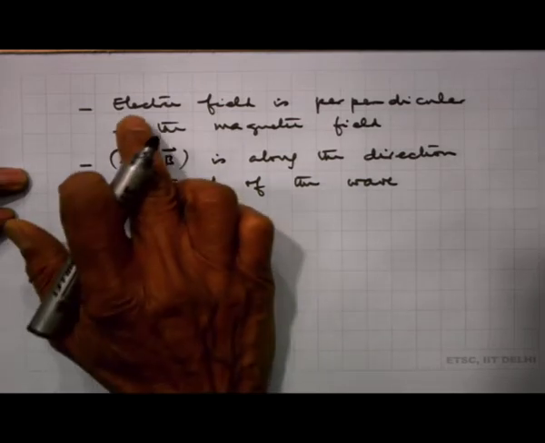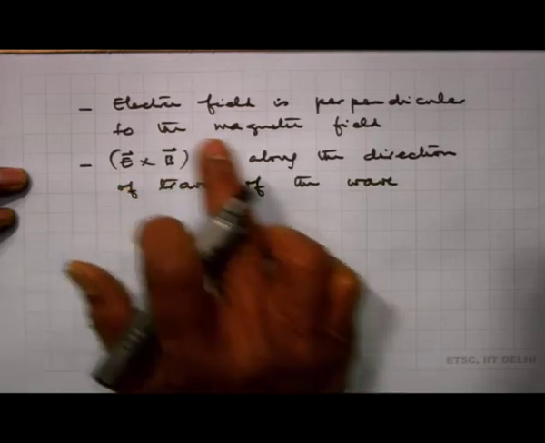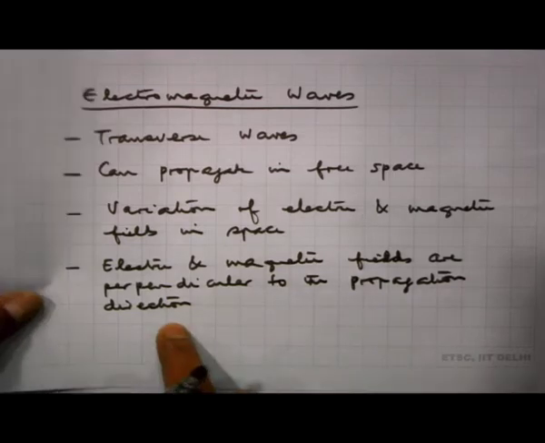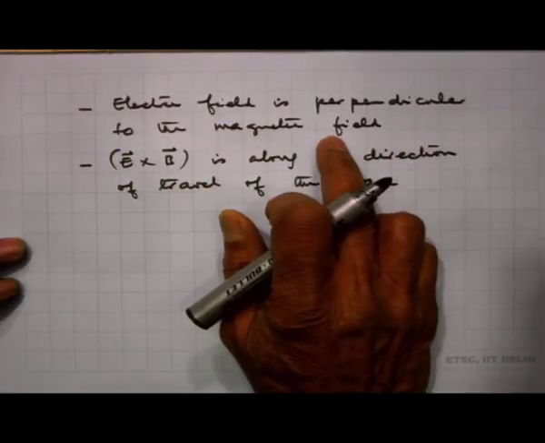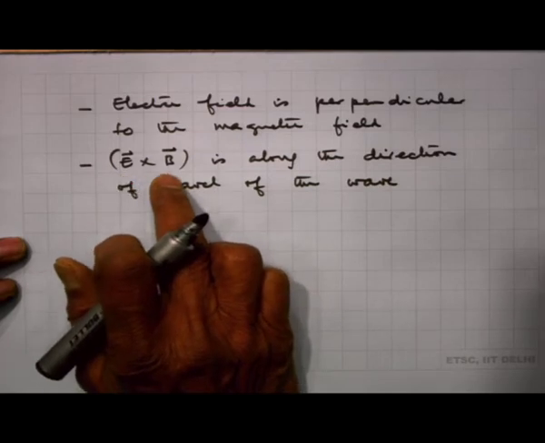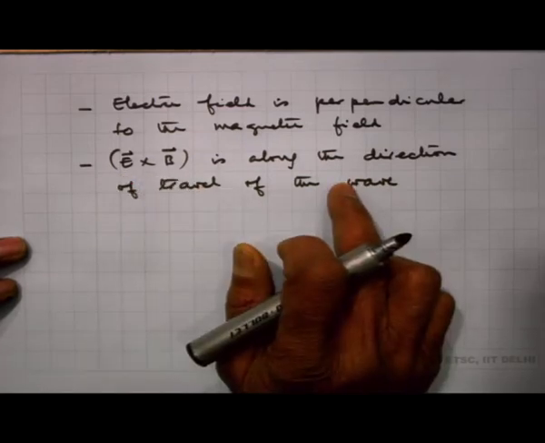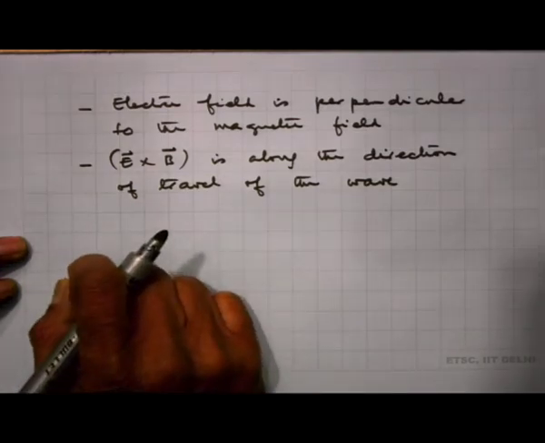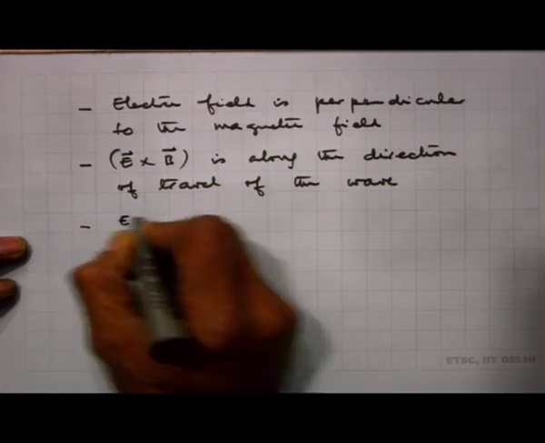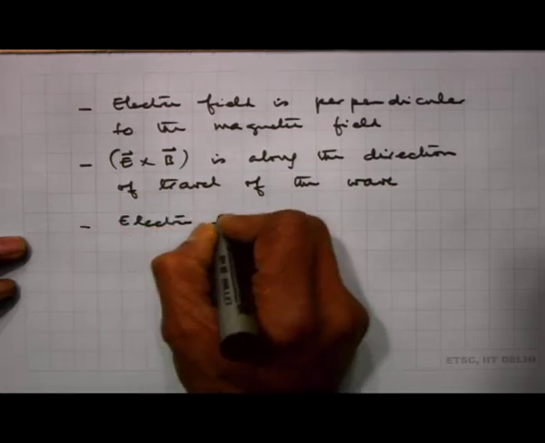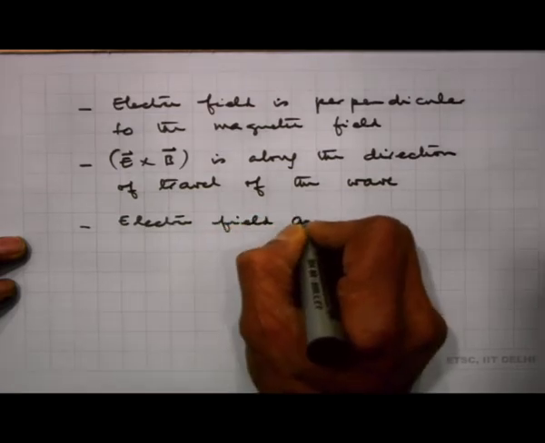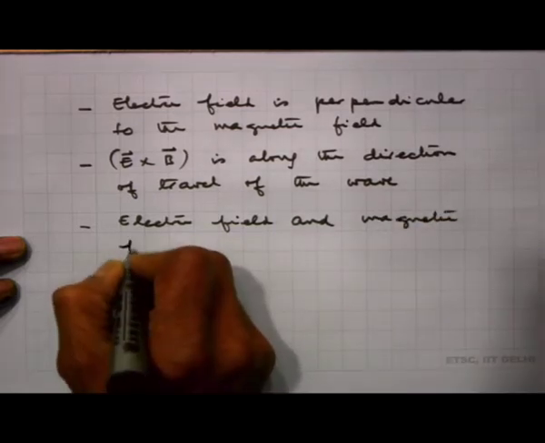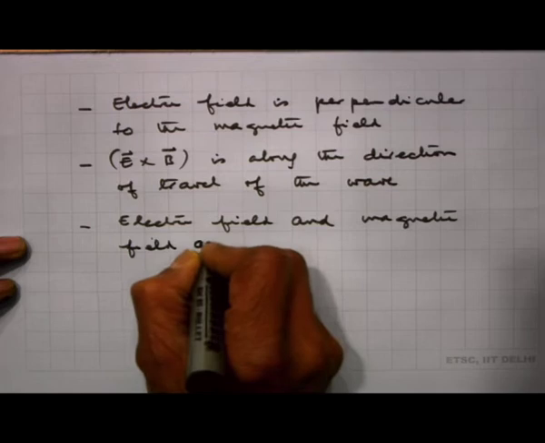So, electric and magnetic fields are perpendicular to the propagation direction. Electric field is perpendicular to the magnetic field, and electric field cross magnetic field is along the propagation direction. That means electric field, magnetic field and propagation direction form a right-handed coordinate system, and also electric field and magnetic field are in phase.